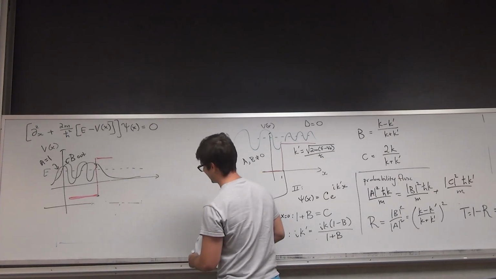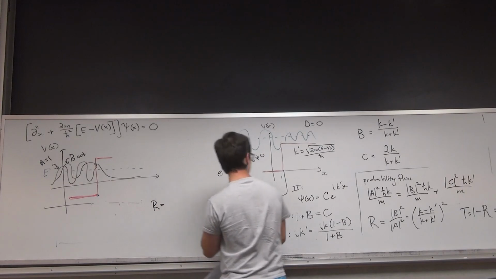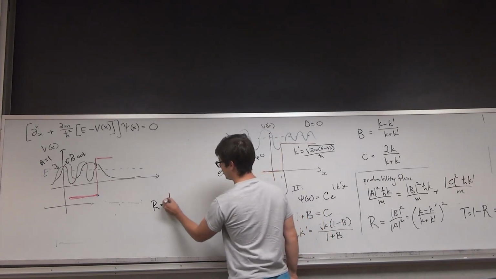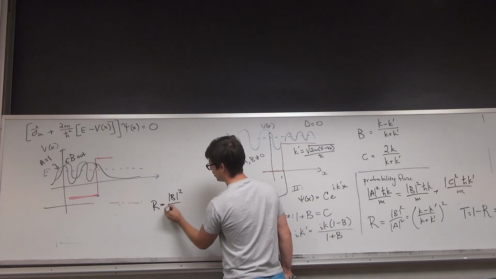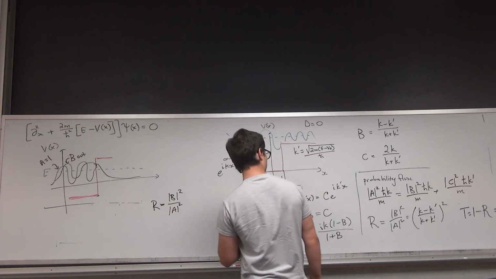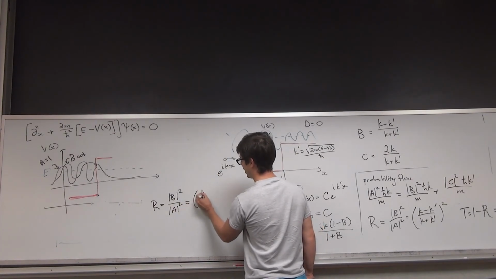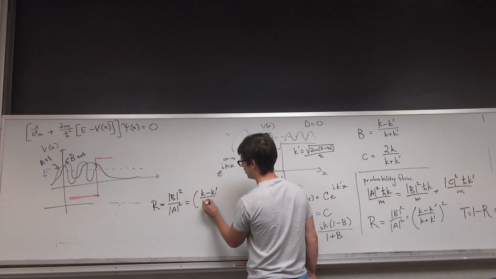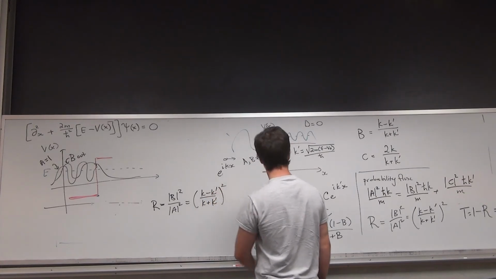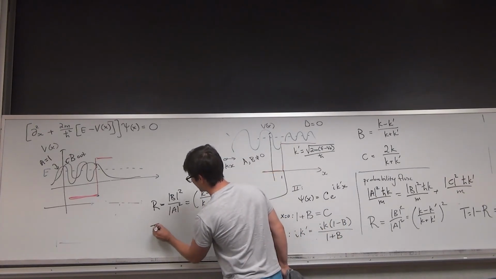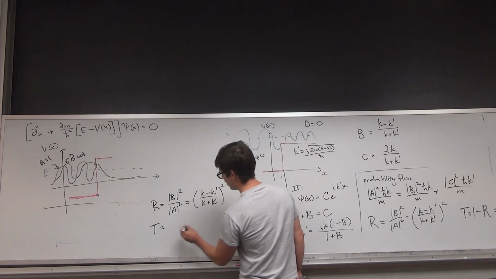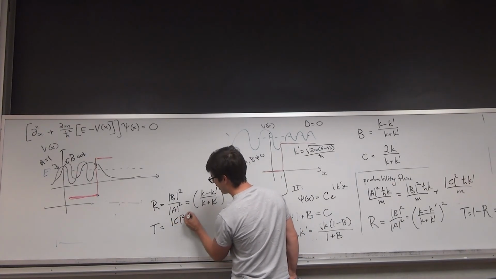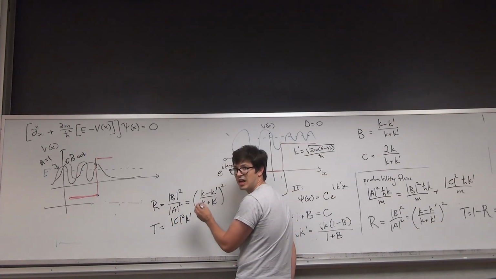So what we found is that the reflection coefficient is b squared over a squared, which is k minus k prime over k plus k prime, squared. And the transmission coefficient is the transmitted part, k prime. This is important because that's the velocity.